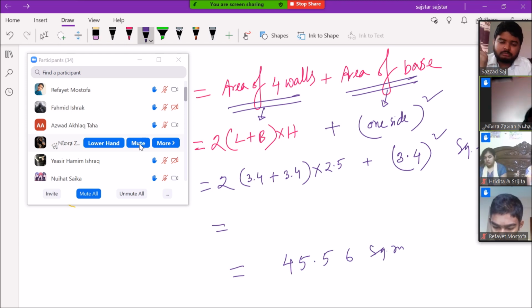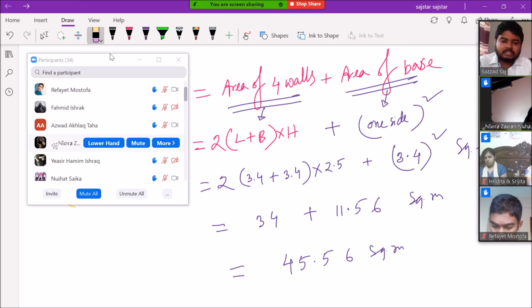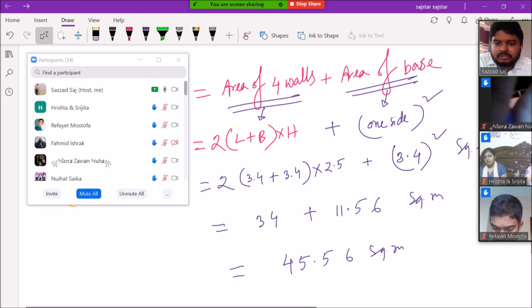Thank you. But before that, can you tell me what will be the individual result of your calculation in this part? Sir, 34 plus 11.56. If I do the individual part, it will be like this, then if we add this, okay, thank you. I think everyone got the same answer. Thank you Noha, also thank you everyone who raised hand.